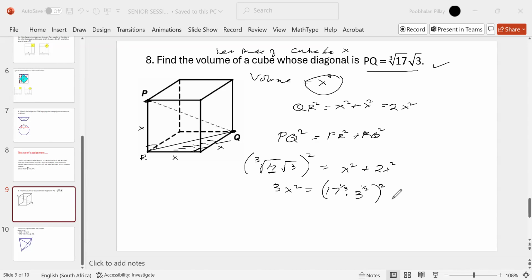So when you square this, your rules of indices will tell you that this is 17 to the 1/3 times 2. Third law of indices: a to the power of b, all to the power of c, is a to the power of bc. So you got 2/3, and the square root of 3 squared is 3. Or otherwise, 3 to the half all squared is 3 to the 1.